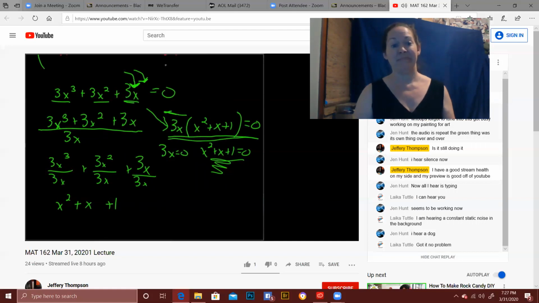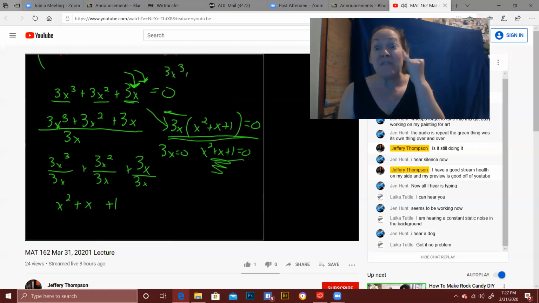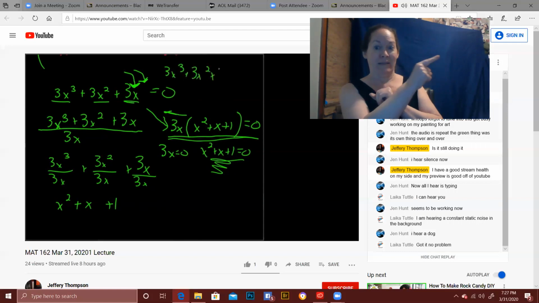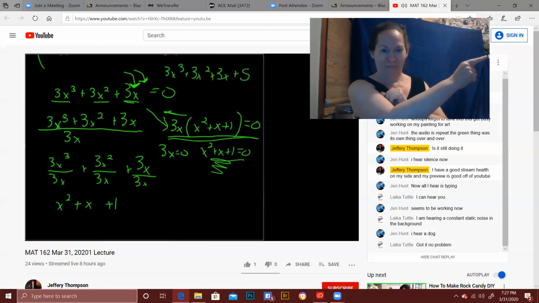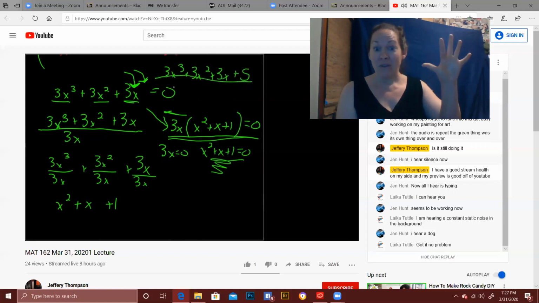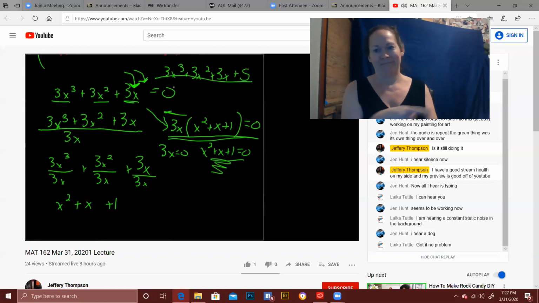If this was 3x cubed plus 3x squared plus 3x plus 5, I couldn't do this. I wouldn't get a nice clean term out on the end. And that's going to be part of our job, is determining when we can't do it. And so monomials are what lets us do the greatest common factor.